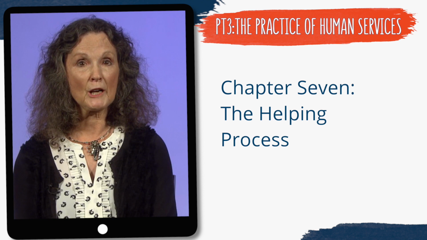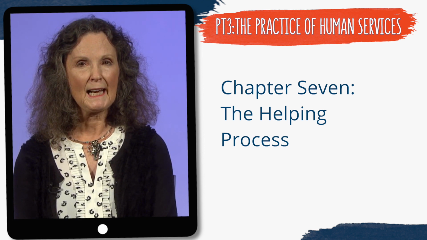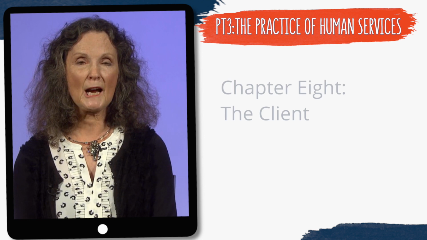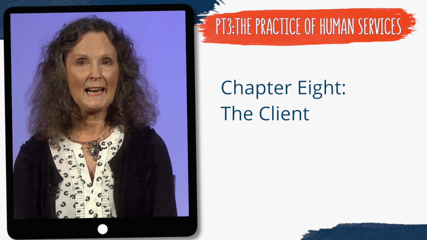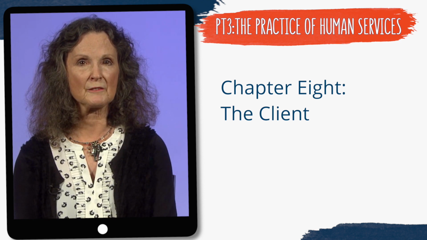Chapter 7, The Helping Process, focuses on the helping process and provides some new ideas for integrating help within a cultural context. Chapter 8, The Client, identifies clients and describes 6 perspectives that expand the multiple ways to view issues that clients encounter.